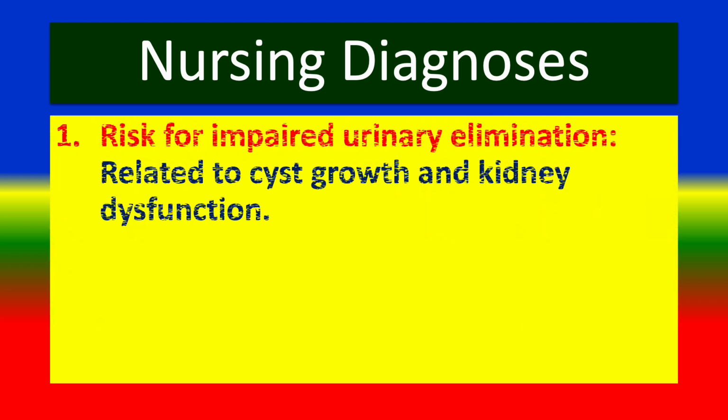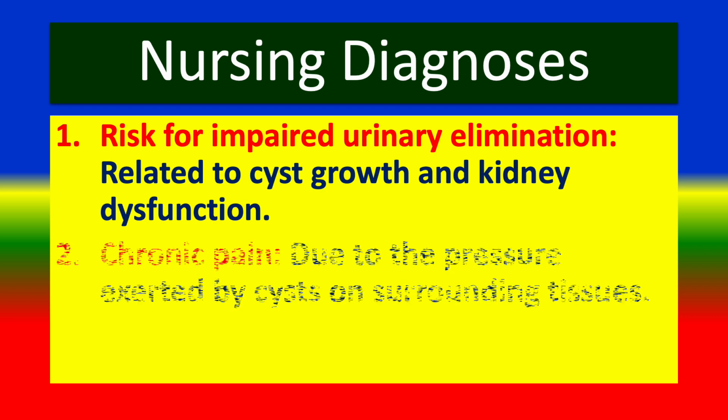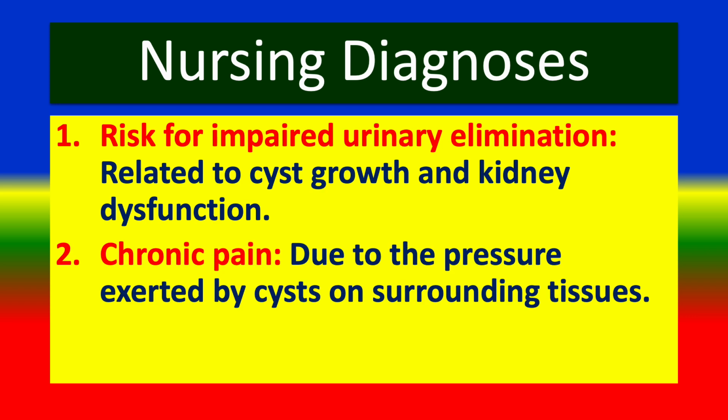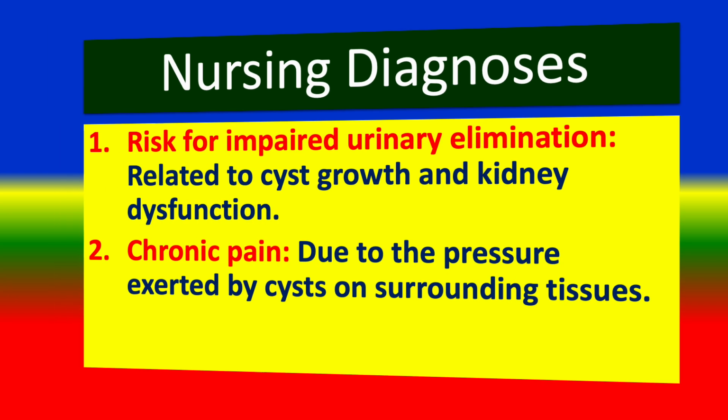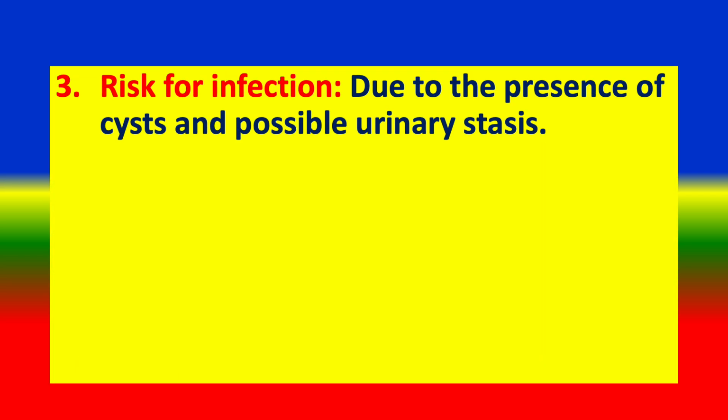Nursing diagnosis. 1. Risk for impaired urinary elimination related to cyst growth and kidney dysfunction. 2. Chronic pain due to the pressure exerted by cysts on surrounding tissues. 3.